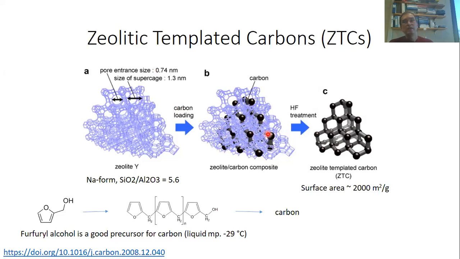And so after you remove the zeolite material, which can again be done by HF, we can produce a periodic microporous carbon, also called zeolite templated carbon, which has the inverse structure of the zeolite itself.